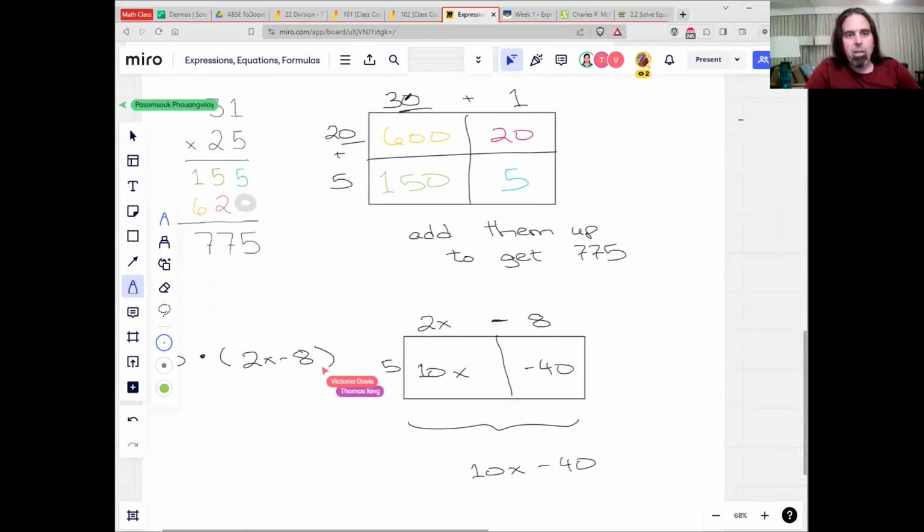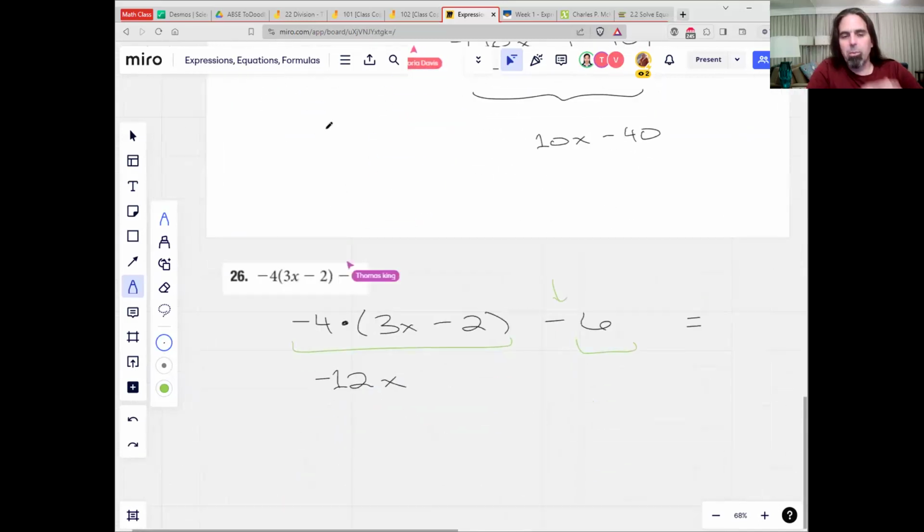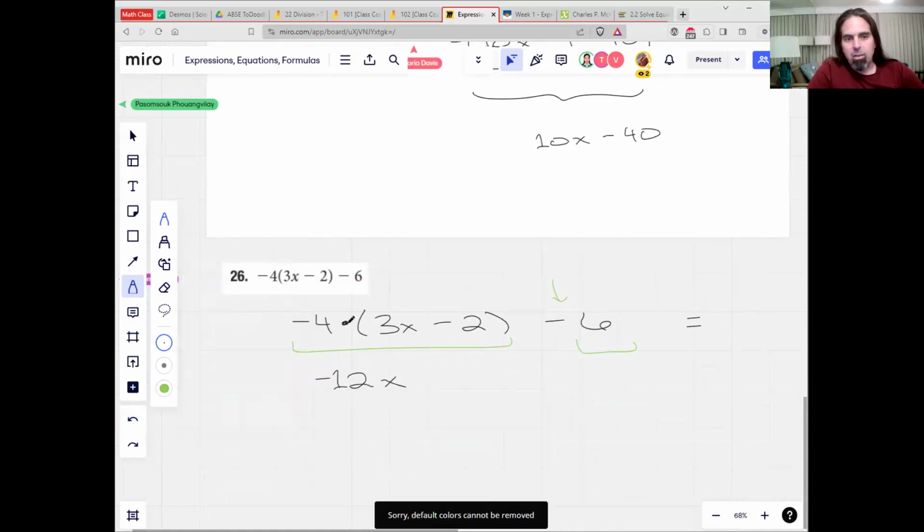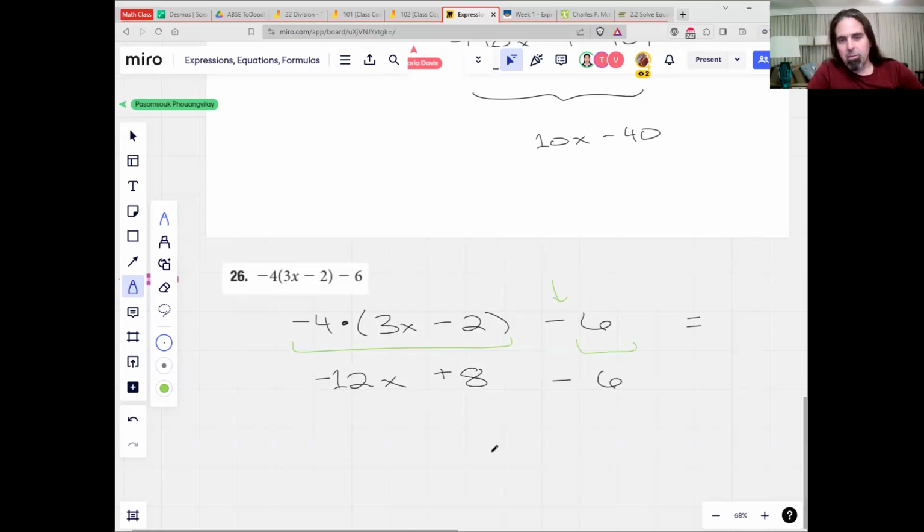And just like the fact that if you had 2 zeros, one on the top and one on the side, they became 2 zeros there, then x's you'll find are going to combine together in a very similar way later on. Okay, -4 times 3x we did. -4 times -2, think about Peter Rabbit, negative times negative is positive, so we're at +8. And this term is just floating away like we did last time.